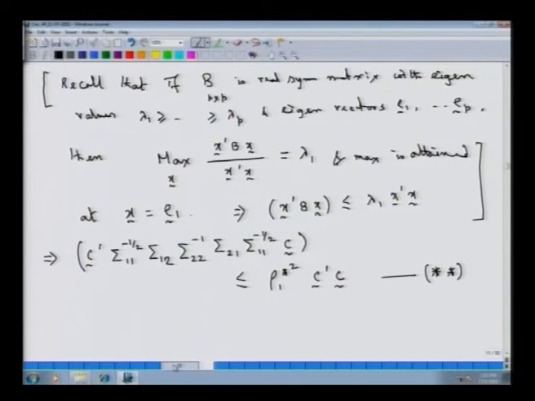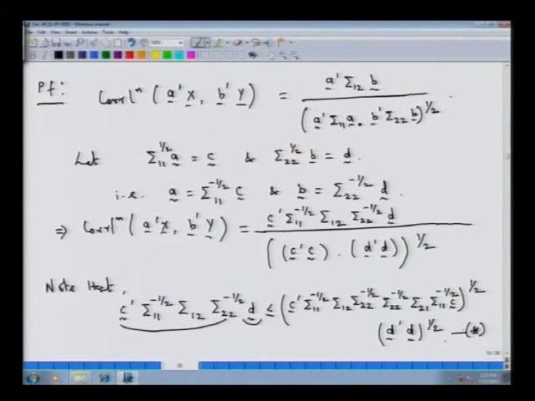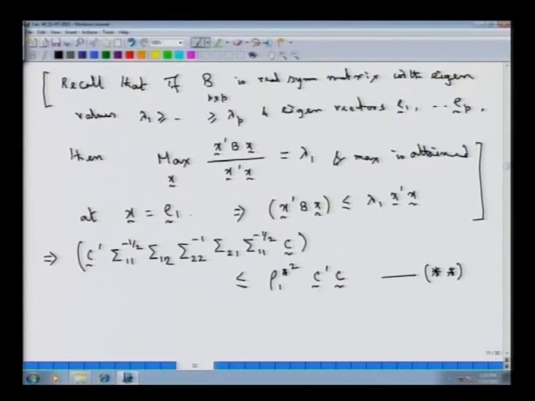Equation number star is defined earlier for this expression. So, we will have this less than or equal to this term. In the equation number double star, now where will the equality be attained?